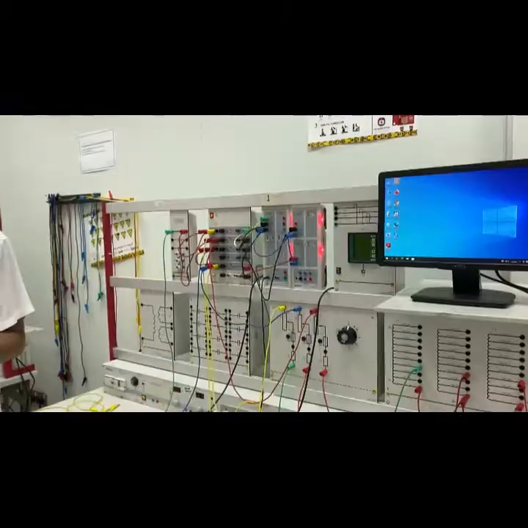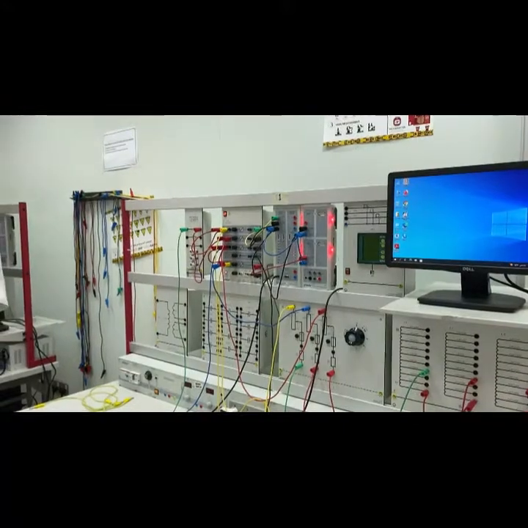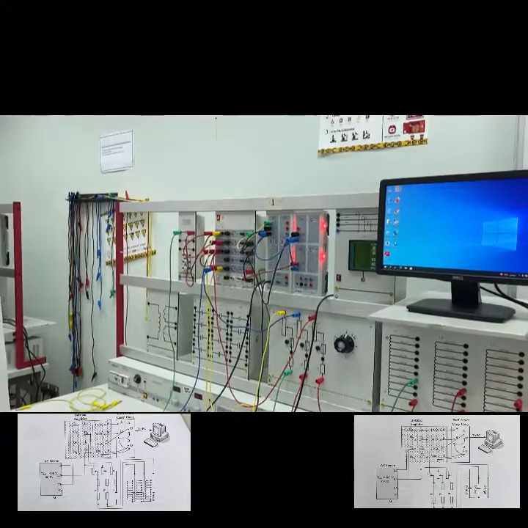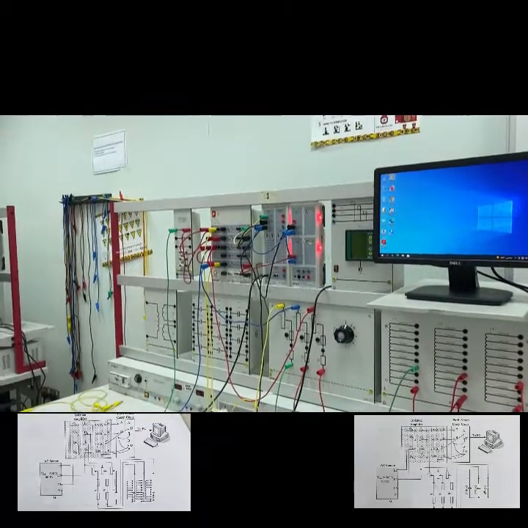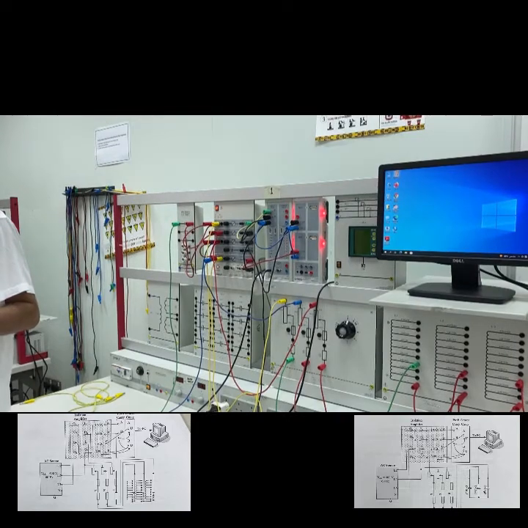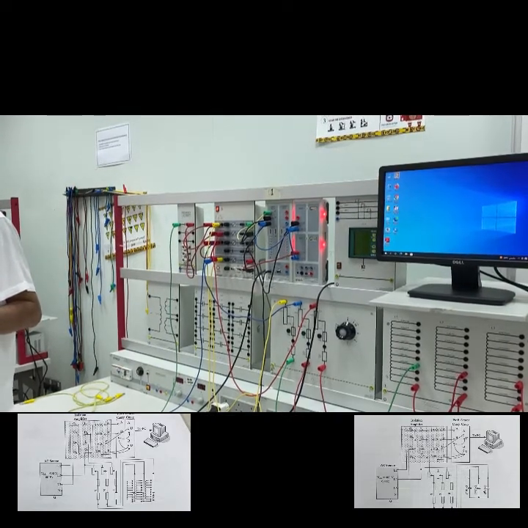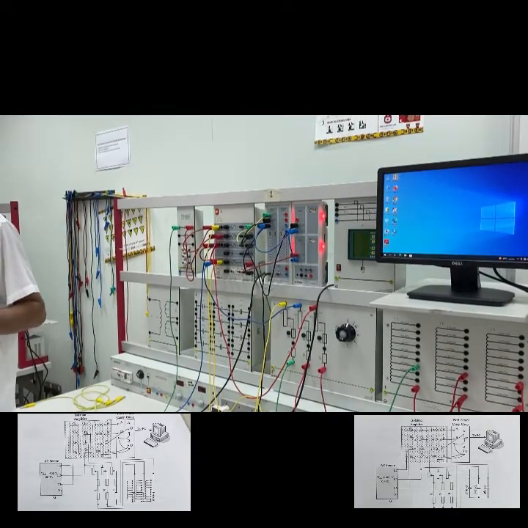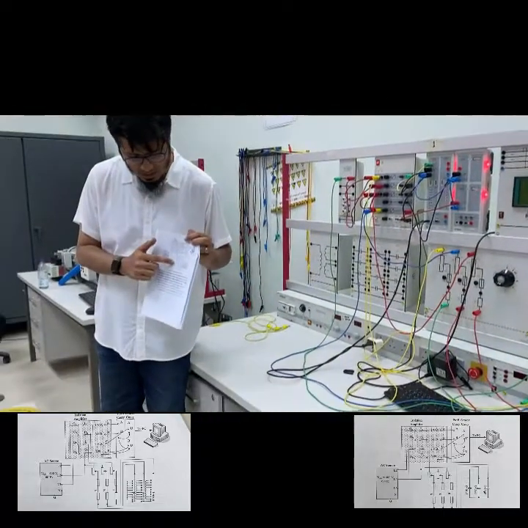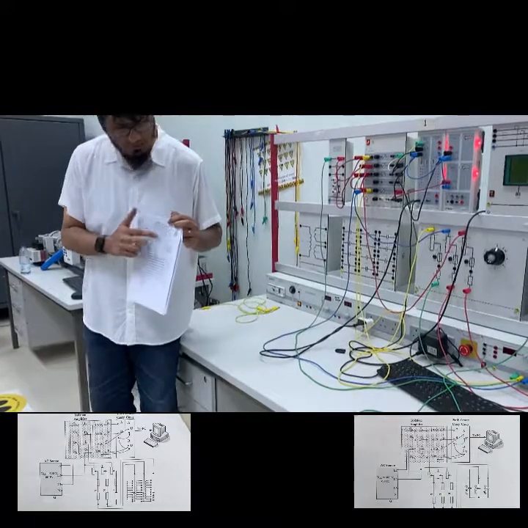Okay, thank you. So what we have done, we have connected the circuit for RL load, right? You can see this is the circuit we have drawn. As I have shown on the board, it has a source and a load R and L connected in series, and because they have a star connection, all of them are joined together.